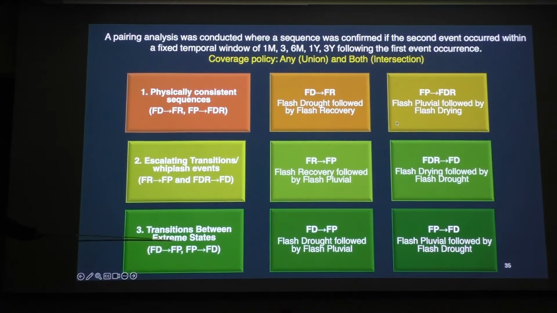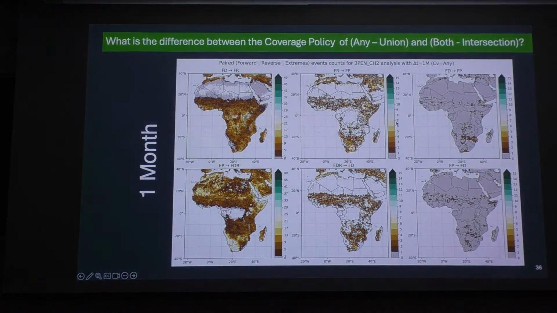And then there are extreme states, where you are coming from flash drought to flash pluvial, or flash pluvial to flash drought.